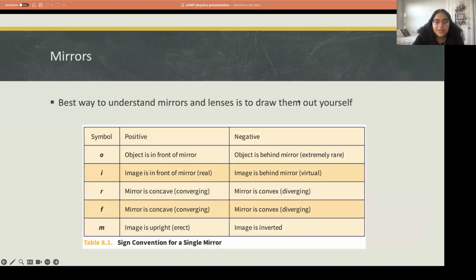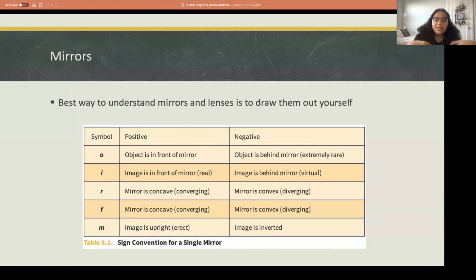For mirrors, practicing the drawings helps get the hang of it. This is just a shortcut in terms of convention and in the equations. So if there's an O in the equations we'll get to later, it means the object's in front of the mirror if it's positive, and negative would be if it's behind, but your object will usually always be in front of the mirror, whereas your image could be both ways.